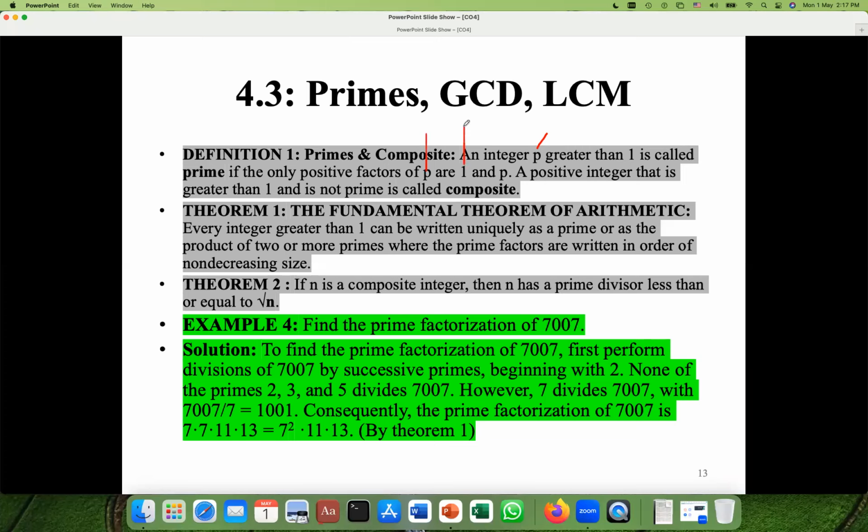Here p means itself and 1 means the number 1. That is the normal definition, and now your definition is updated: the number should be greater than 1.